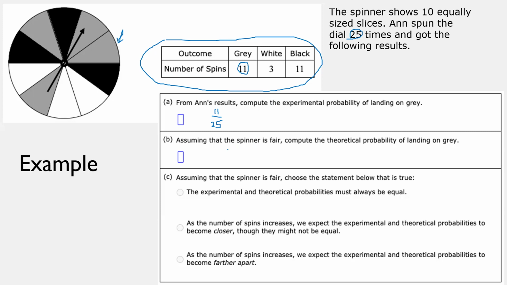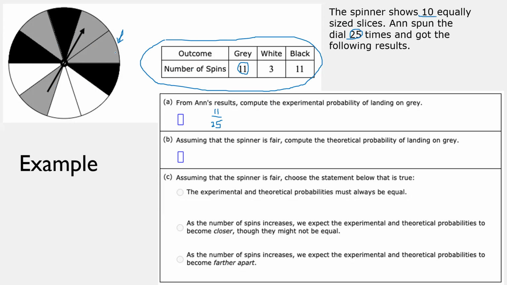Assuming that the spinner is fair, compute the theoretical probability of landing on gray. Well, it's assuming it's fair and they're equally sized slices. I have 1, 2, 3, 4 gray. I know that there's 10 pieces.